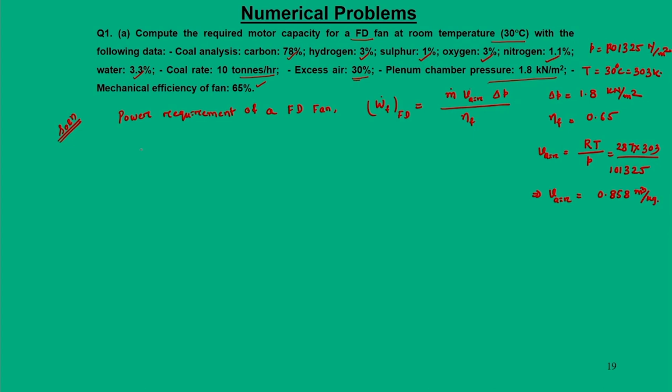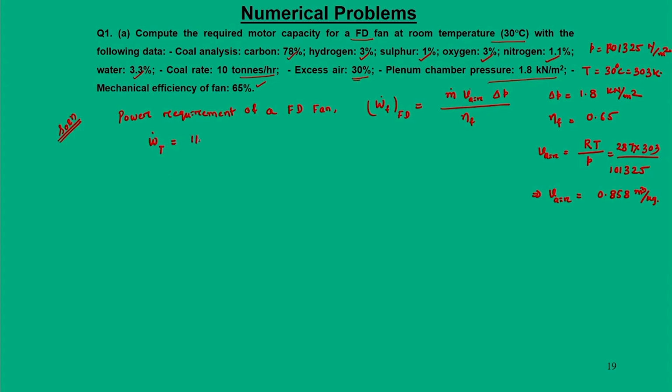So, m dot is the mass of air requirement, which we need to find stepwise. First thing we need to find out is the theoretical air requirement for coal combustion.